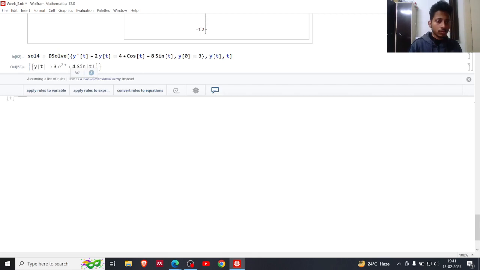So this is the solution for this particular differential equation, that is y(t) is 3 e to the power 2t plus 4 sin t.